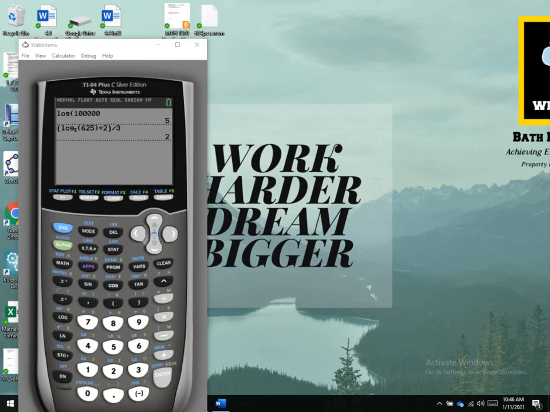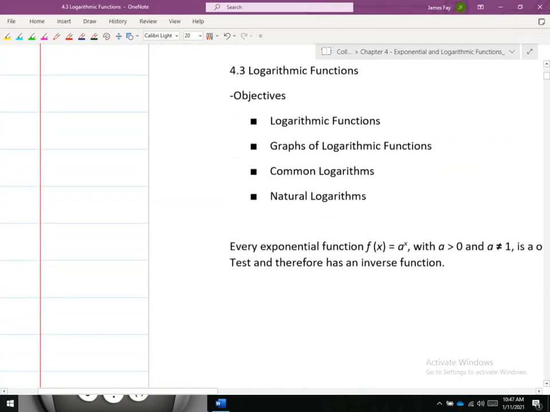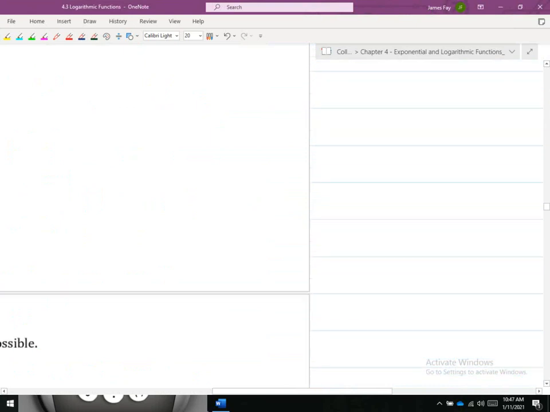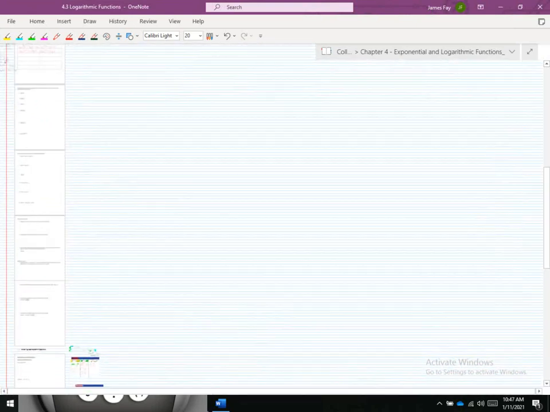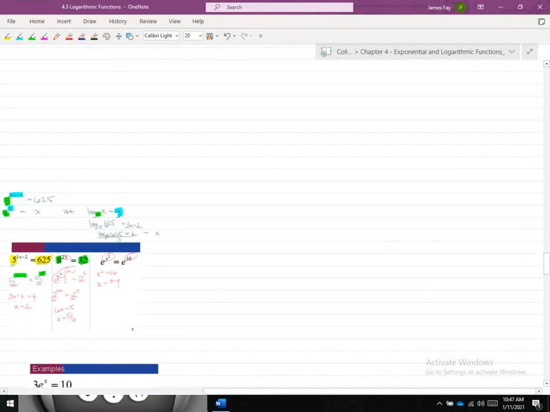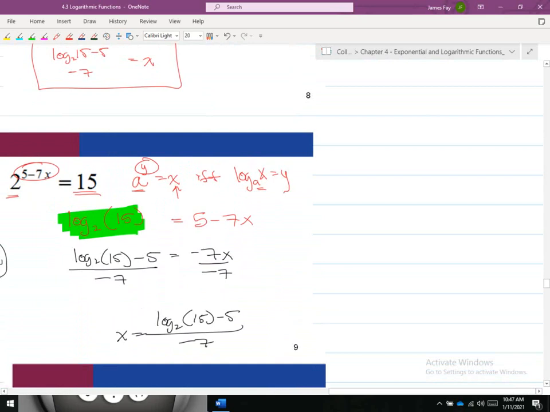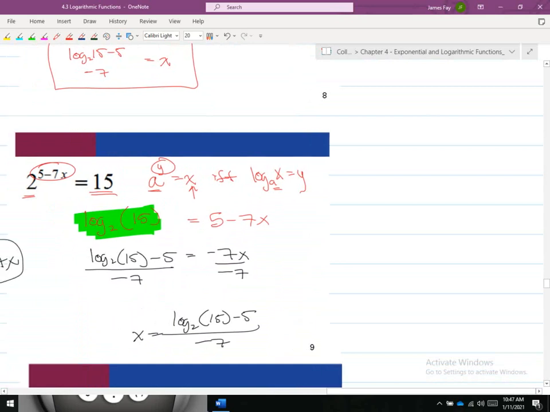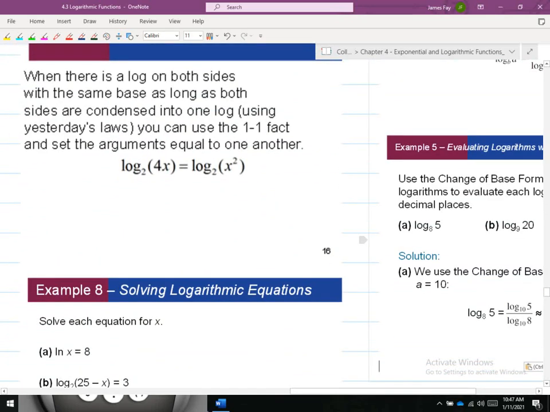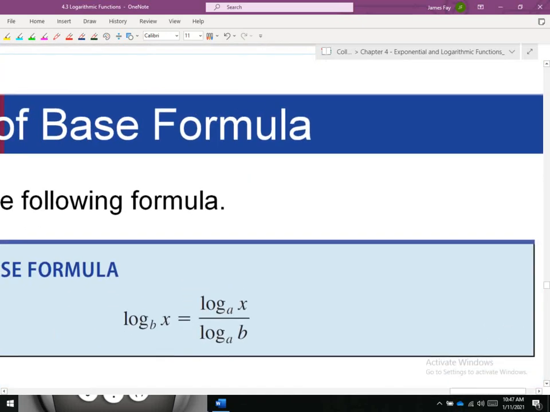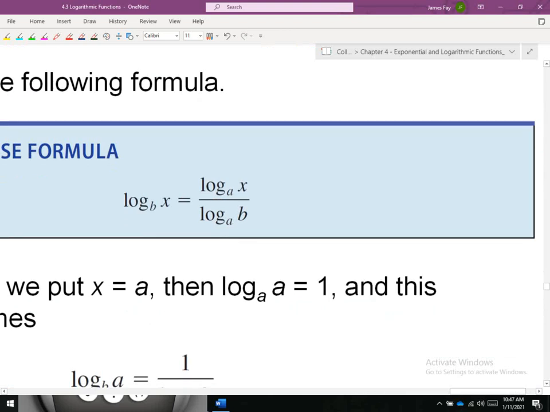All right. I'm going to let you guys use Desmos. But let's say that you had a calculator that does not support the ability to change the base.